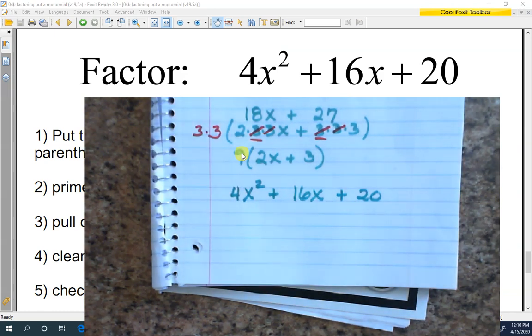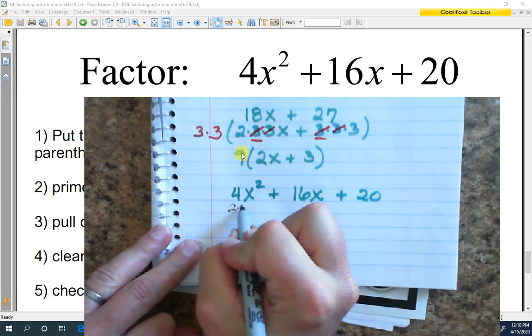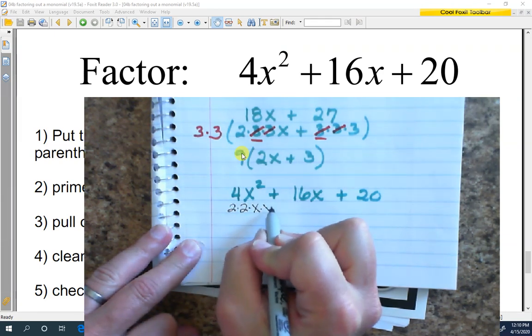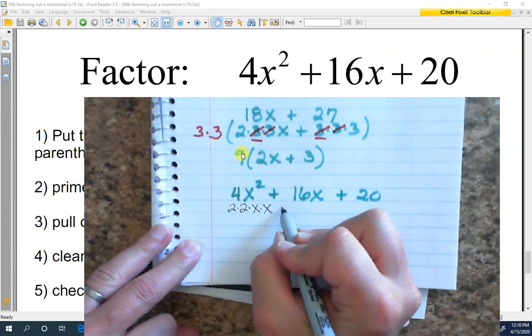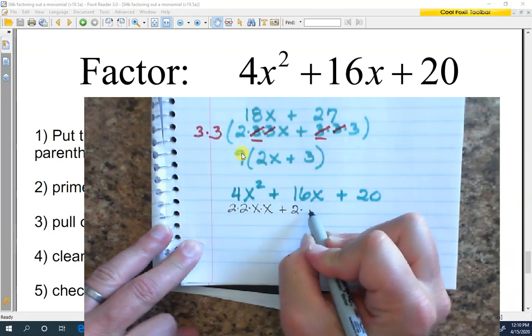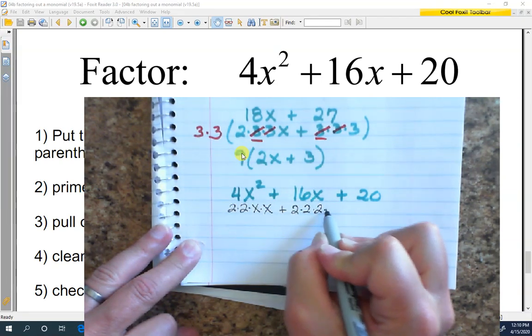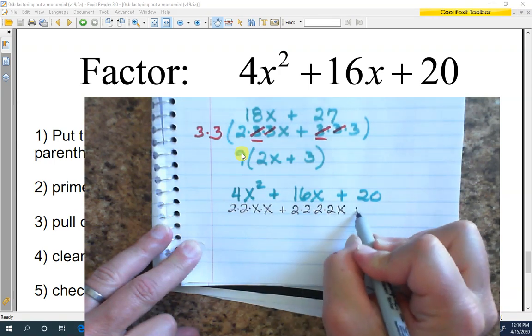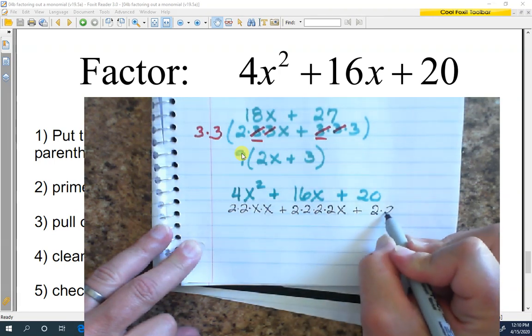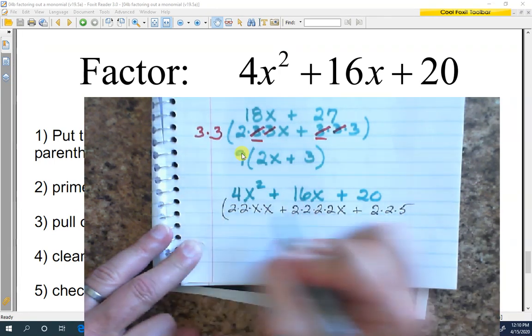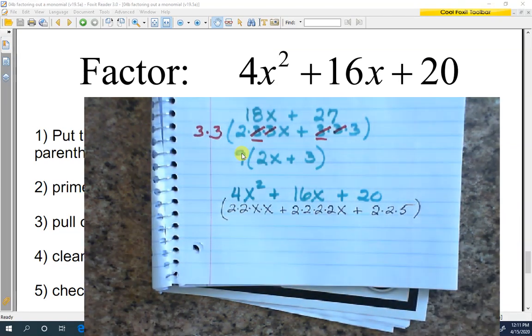I'm actually going to go use a little bit thinner marker. So this 4 is 2 times 2, and x squared is x times x, laying out all the pieces. 16 is 2 times 8, which is 2 times 4, which is 2 times 2. There's my 16. 20 is 2 times 10, which is 2 times 5. They're all my pieces. I laid out all the pieces for this.